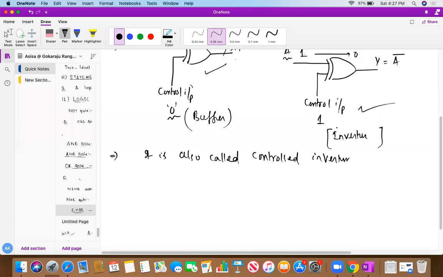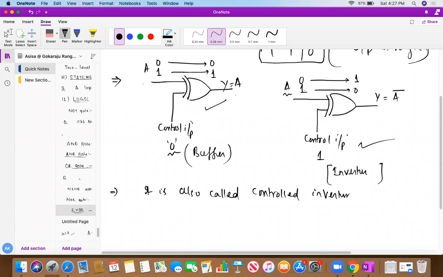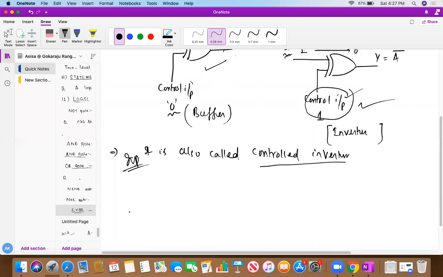You have seen that when we need, we can give control input 1 and play with the input. I have the control ability to make my circuit work as an inverter or not. Am I correct, students? That's why it's called controlled. From the point of view of important gates, this is the gate termed a controlled inverter.